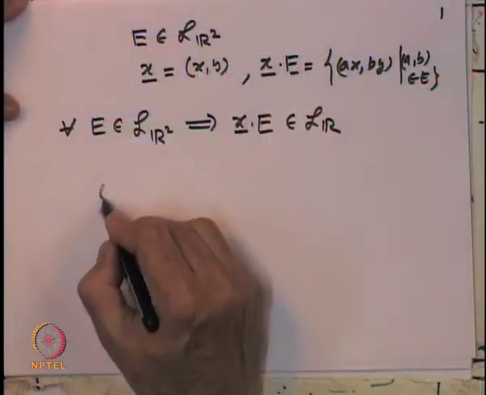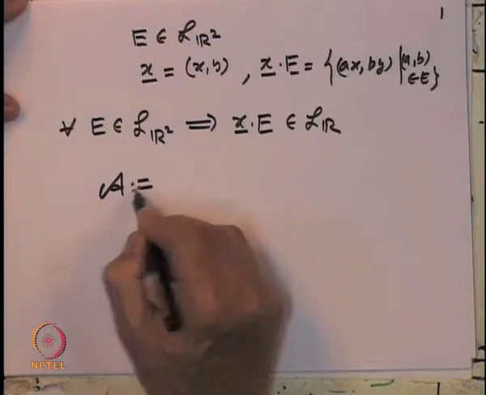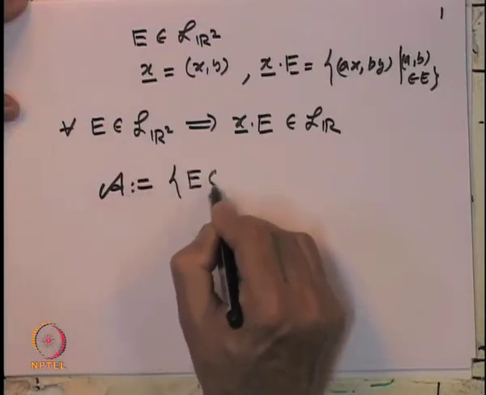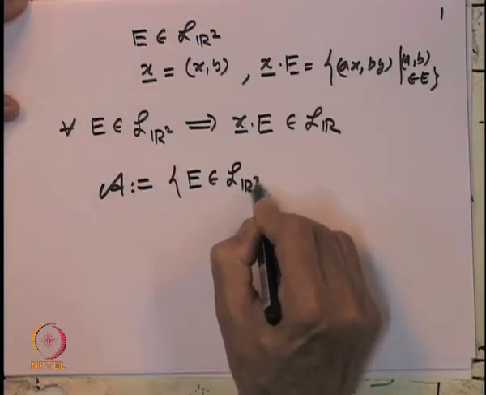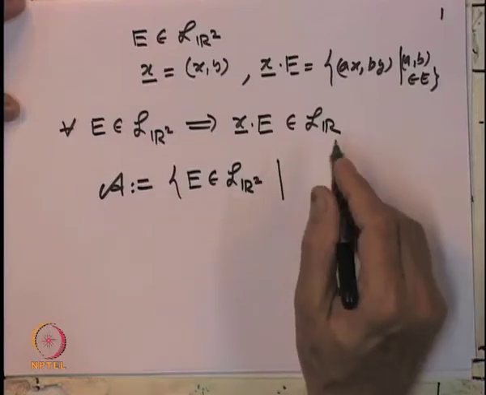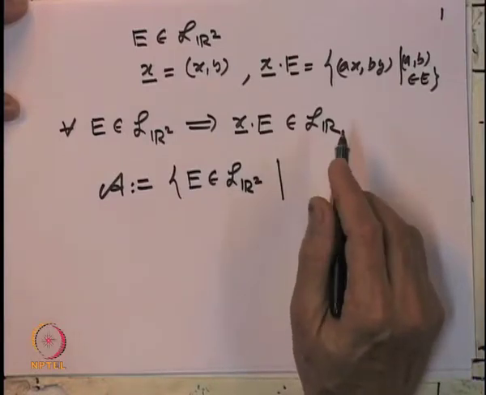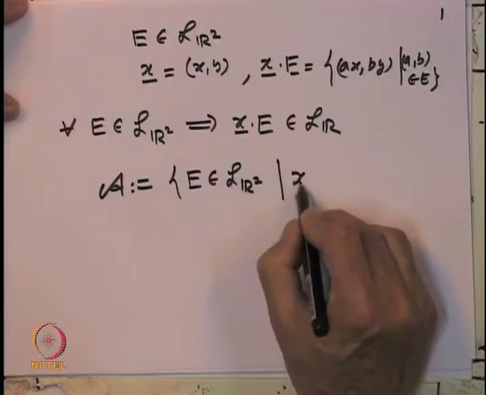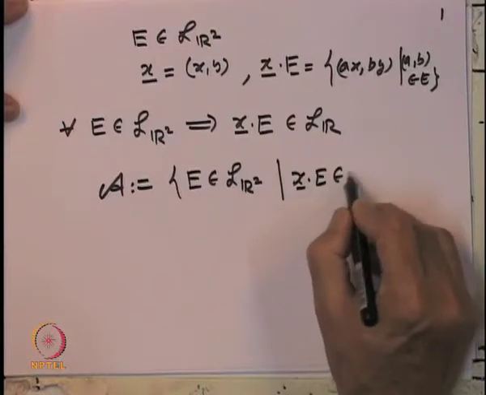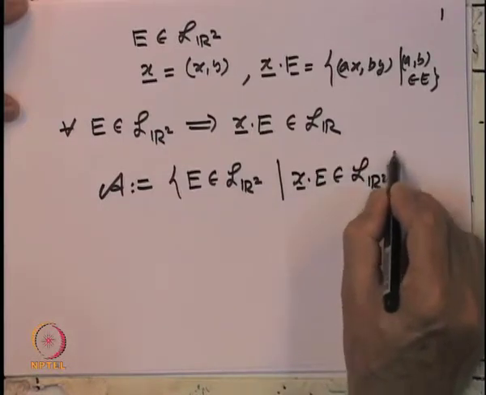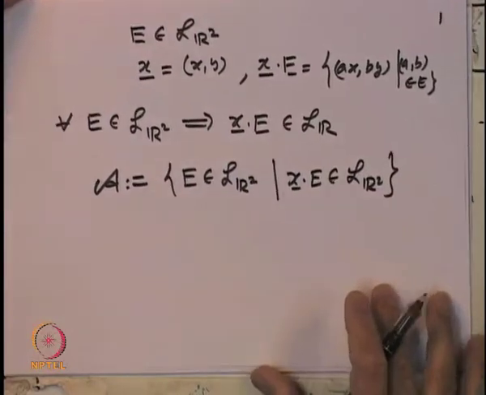That is the sigma algebra technique essentially we are going to use. Let us form the collection A to be equal to all subsets E belonging to L of R 2 such that x dot E belongs to L of R 2.